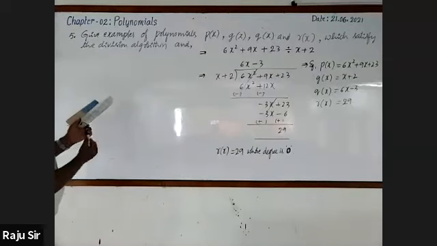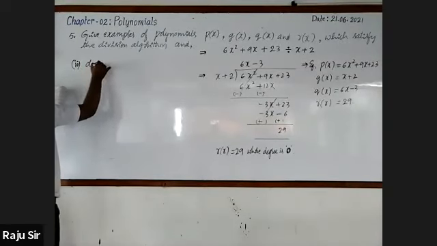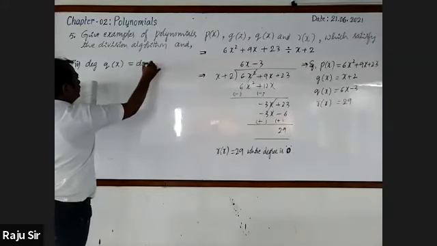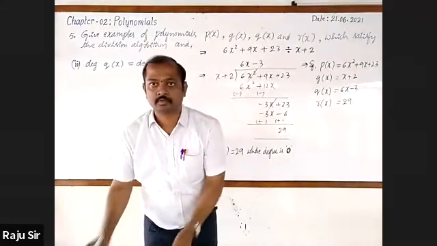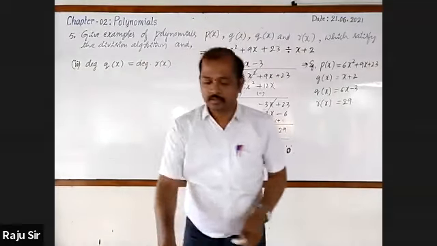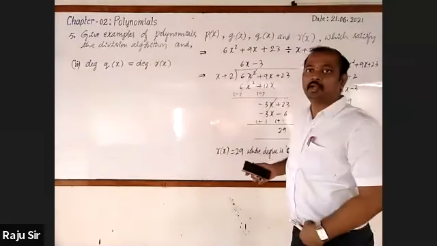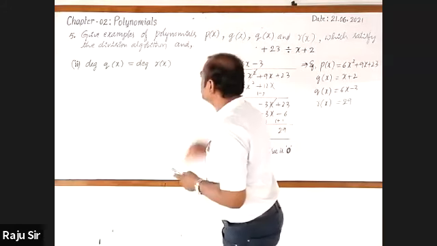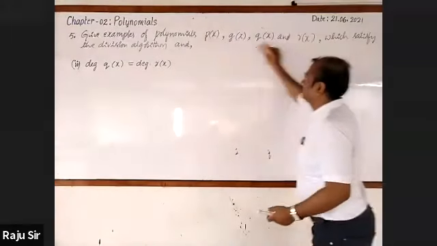Second condition: degree of Q of x is equal to degree of R of x. Then how can we go about choosing the polynomials to satisfy this condition?